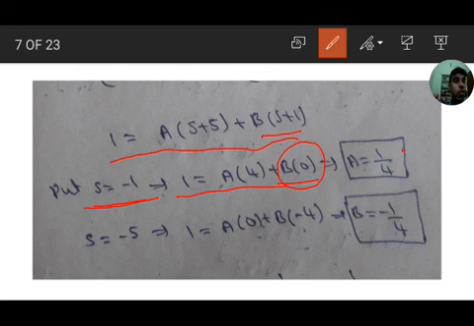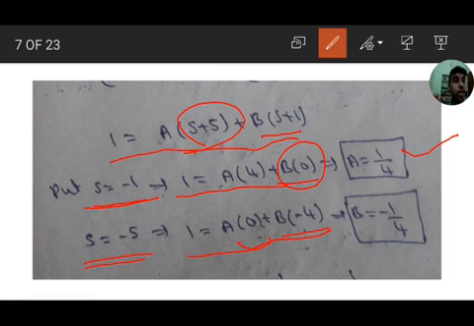Therefore, a equals 1 by 4. Next, put s equal to minus 5. So 1 equals a into (minus 5 plus 5), 0, plus b into (minus 5 plus 1), that is minus 4. Therefore, b equals minus 1 by 4.